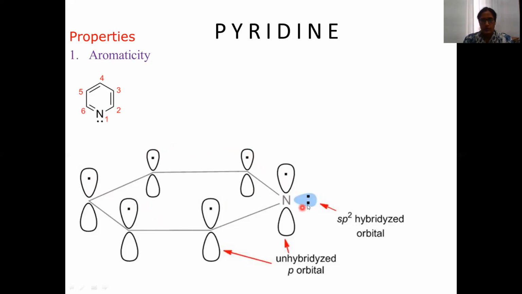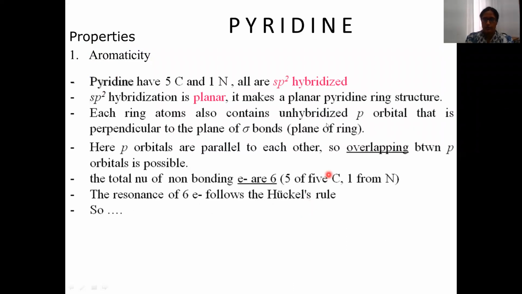And one more thing: look at this nitrogen. It contains an sp2 hybridized orbital that holds the lone pair of electrons, which are non-bonded electrons. So pyridine has 5 carbons and 1 nitrogen, and all are sp2 hybridized.